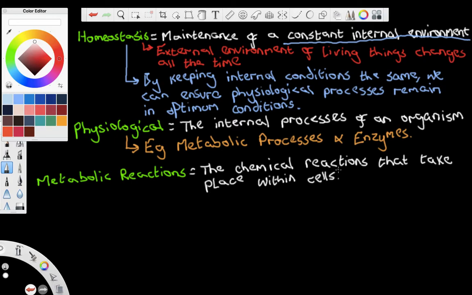Okay? Now, in order for metabolic reactions to take place, the cells need to have optimum temperature, they need to have optimum pH, and they also need glucose.